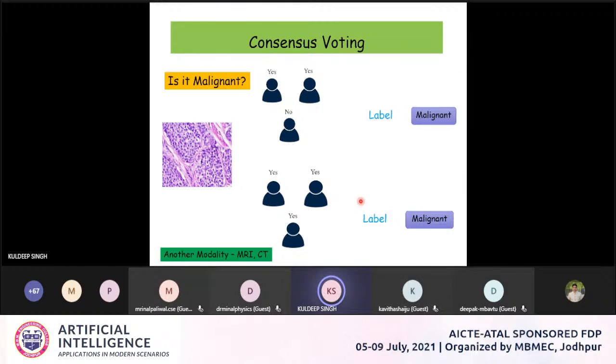Another way is we can use different modalities. Suppose a patient is having some kind of cancer.